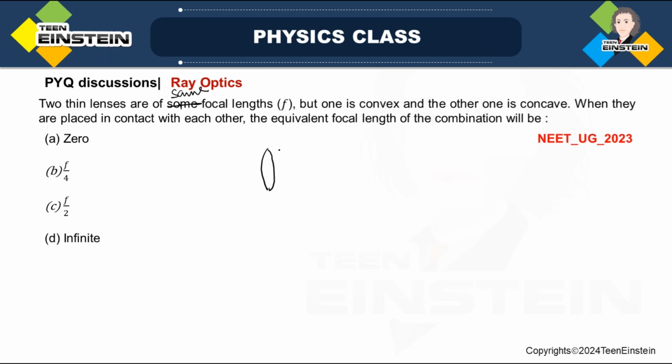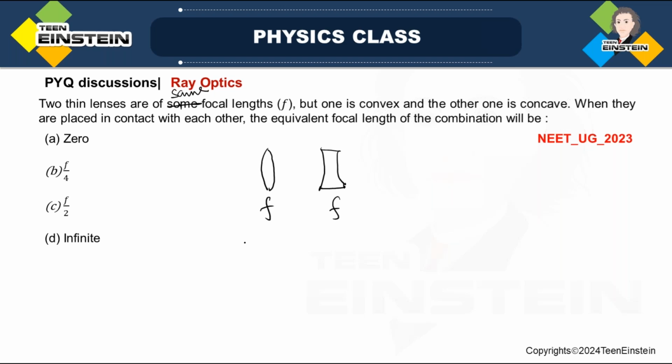Both have equal focal length, one is concave and the other is convex. If I keep them in contact, you can take a combination of two lenses, one concave and one convex, and these are thin lenses.